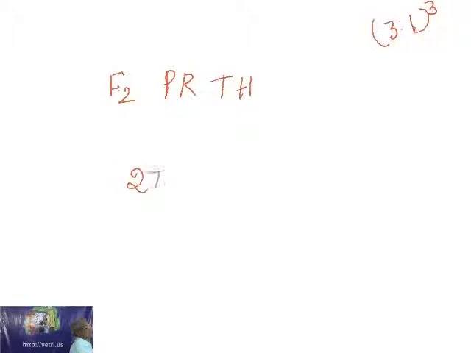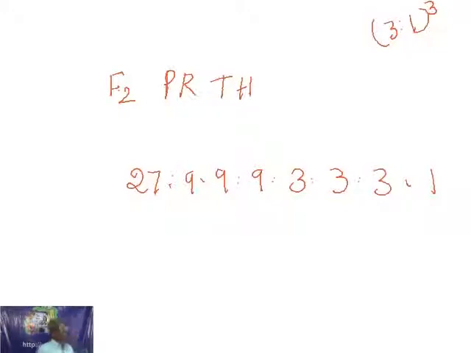It is 27:9:9:9, 3:3:3, finally 1. This is the ratio for a trihybrid cross. See how I wrote this? It's very easy. It is 3:1 multiplied. You have to cube it. Then you will be getting 27:9:9:9, 3:3:3, 1.